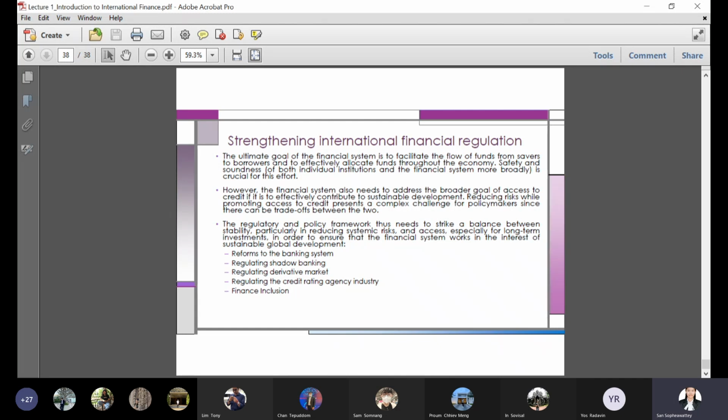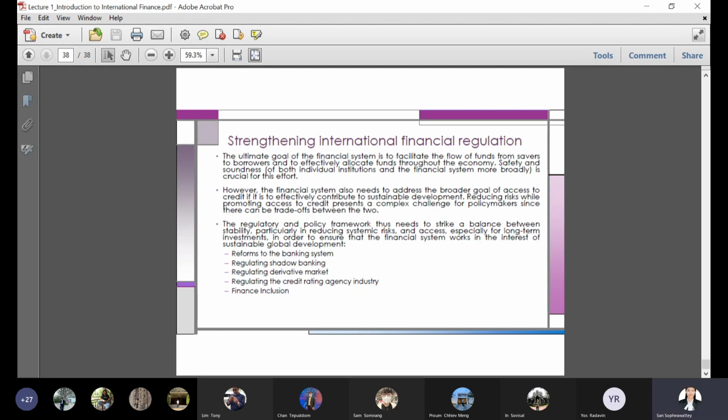We will talk about it later, especially the move from Basel II to Basel III. Countries have started to regulate shadow banking. And I'm sure you already know what shadow banking is. I think you learned it in the previous course, IE405.